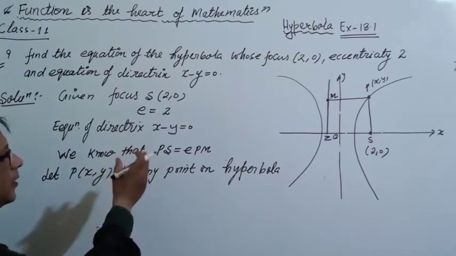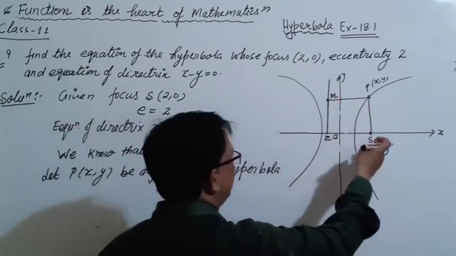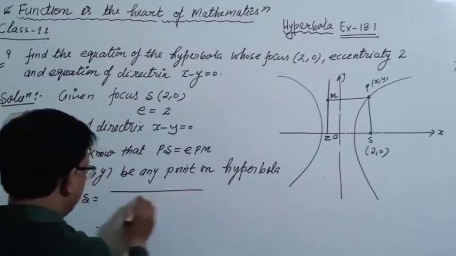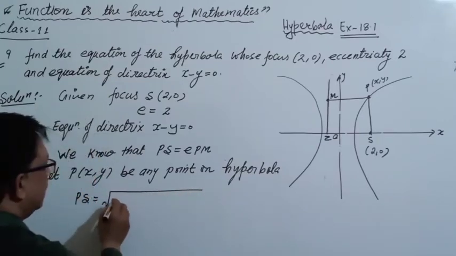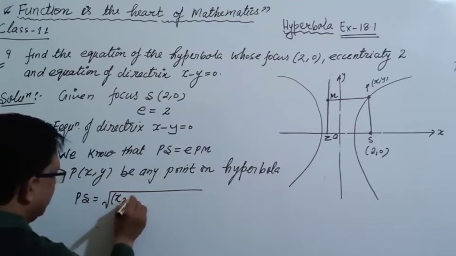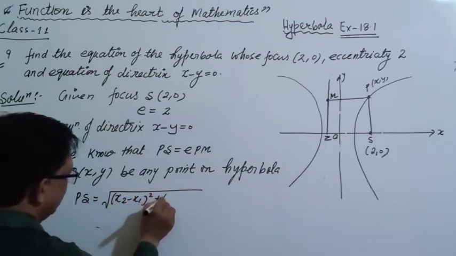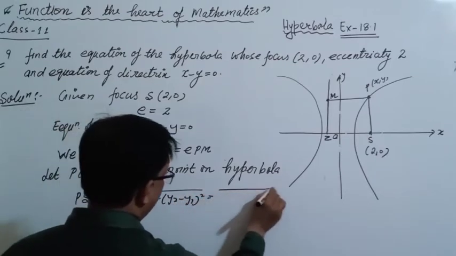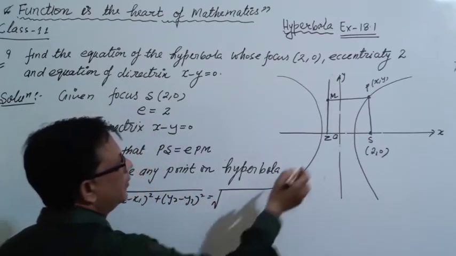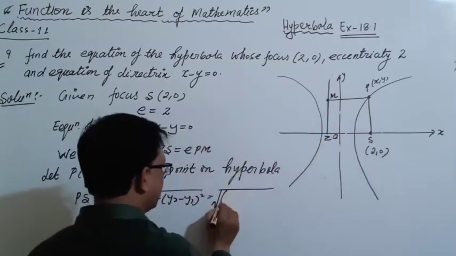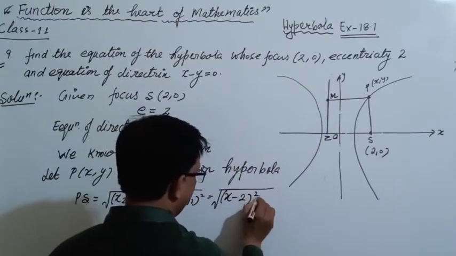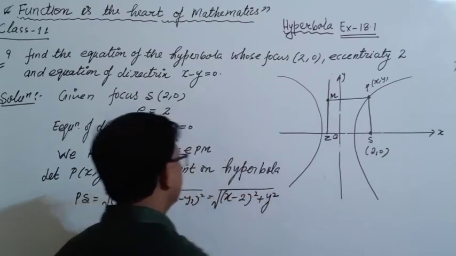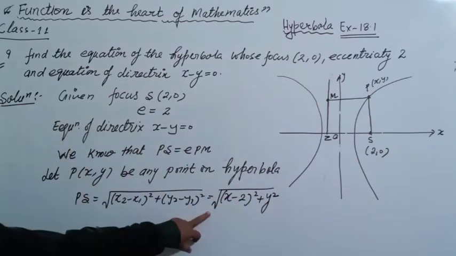Now we find PS, the distance between P and S. So PS is equal to the square root, by applying the formula (x2 minus x1) whole square plus (y2 minus y1) whole square. After substituting values we get (x minus 2) whole square and y minus 0 is y, so this is y square. This is your PS.